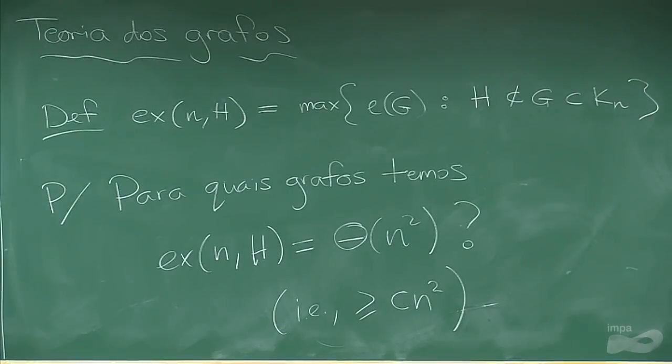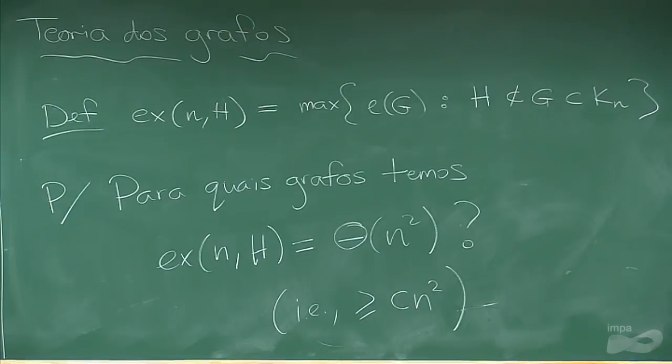Yeah, exactly, right? If you take a complete bipartite graph, that has n squared over 4 edges. And it avoids any non-bipartite graph, so any graph that doesn't fit in here.